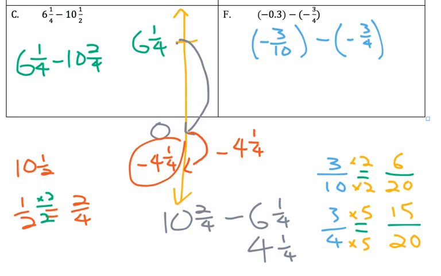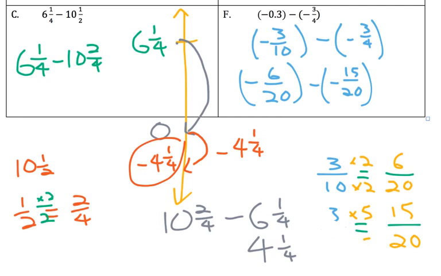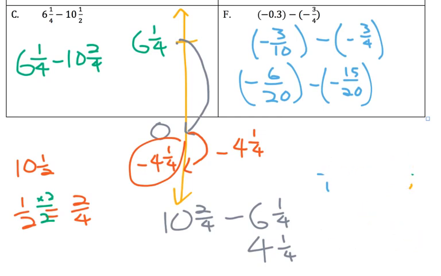And now this problem is going to turn into negative 6/20 minus negative 15/20. Make some space down here. And I'm starting at negative 6/20. And then I've got to figure out if this is going up or down.